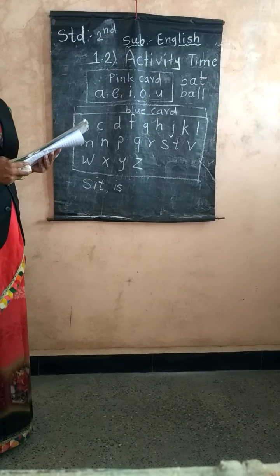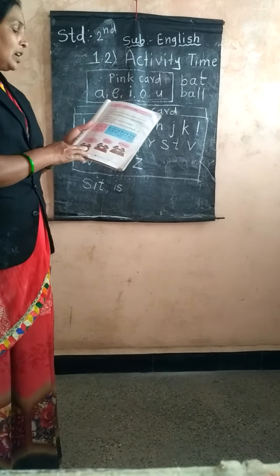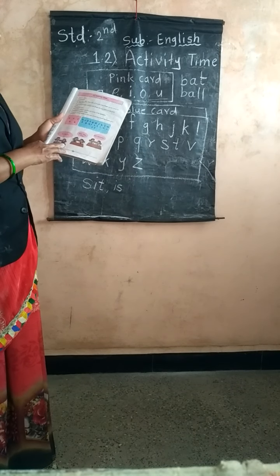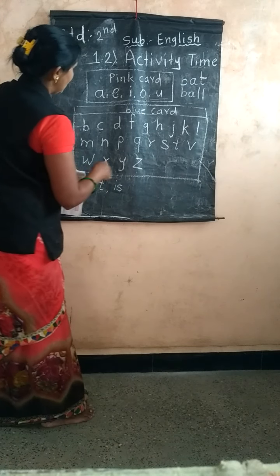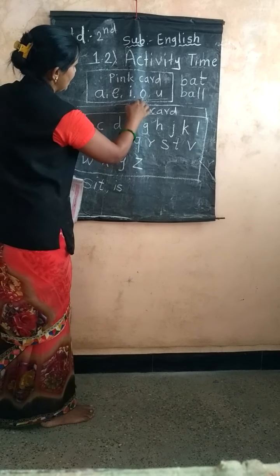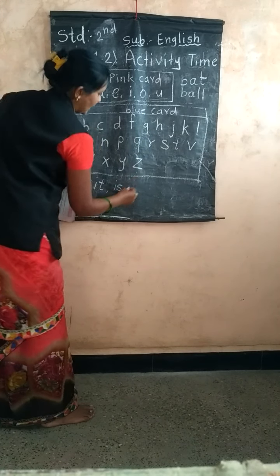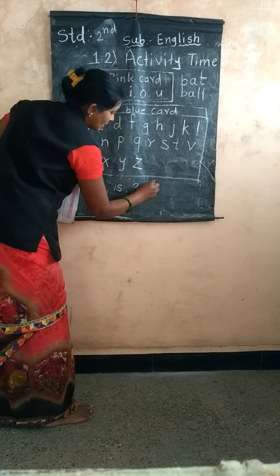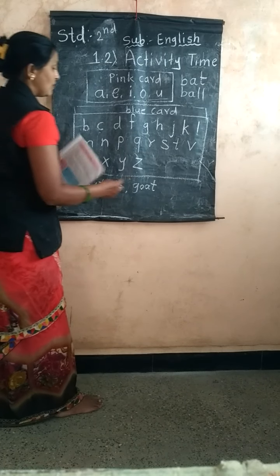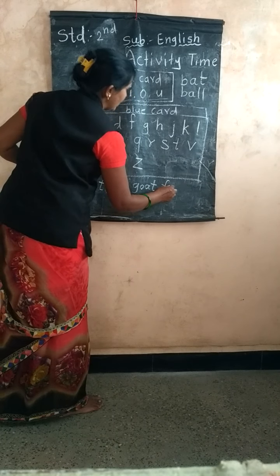Now listen, here are some words in your textbook. G-O-A-T, goat. Where is the G? G-O-A-T, goat. Then F-R-O-G, frog. Where is F?